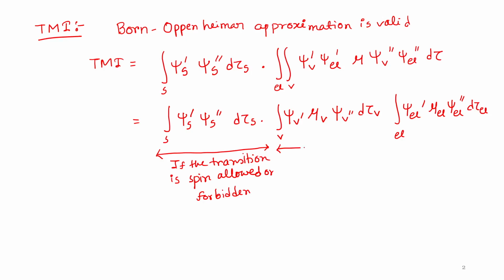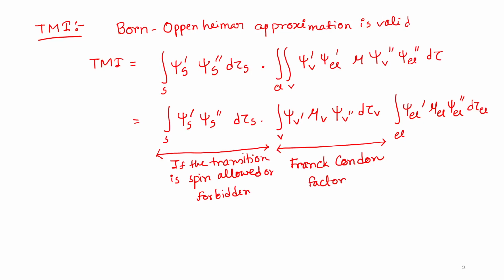And this part gives you the Franck-Condon factor. This gives you the overlap between the vibronic wave functions of two different electronic states. So it depends whether 0 to 0 will be much stronger, or 0 to 1 or 0 to 2 will be stronger.